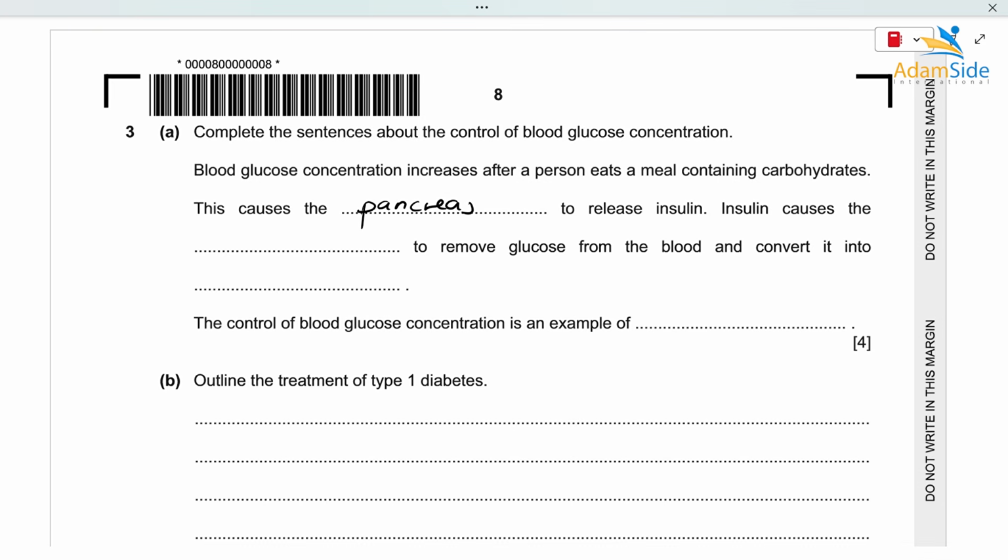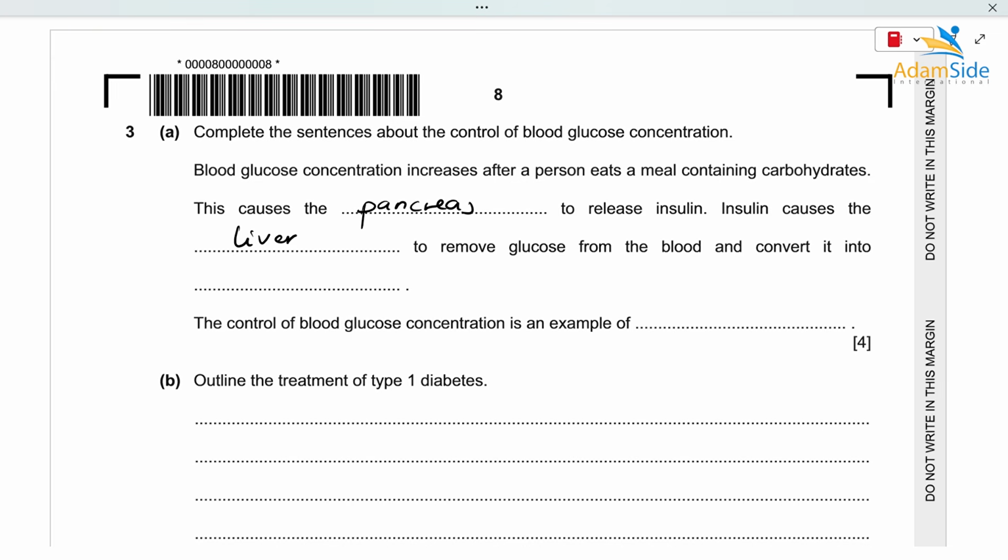Insulin causes the dash to remove glucose from the blood and convert it to. So when insulin is released, it stimulates the liver to remove glucose from the blood and convert it into what?